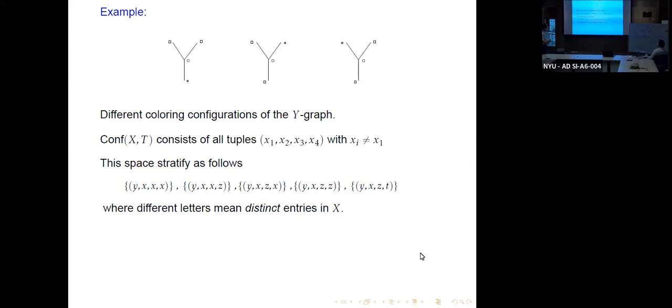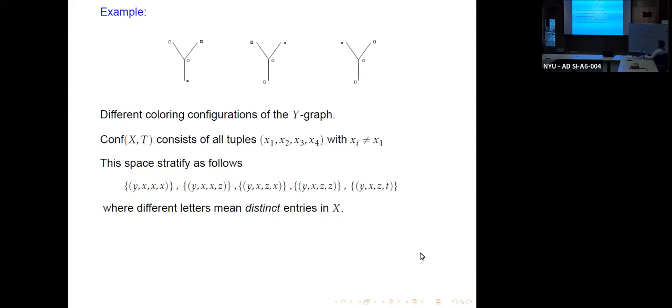It's really nice. Different colors are given by different shapes. This is the way you will color a Y graph with 3 colors. You have one color here, and these two, because they're not related by an edge, they're fine. They can be the same, but this has to be different. So look what you do.